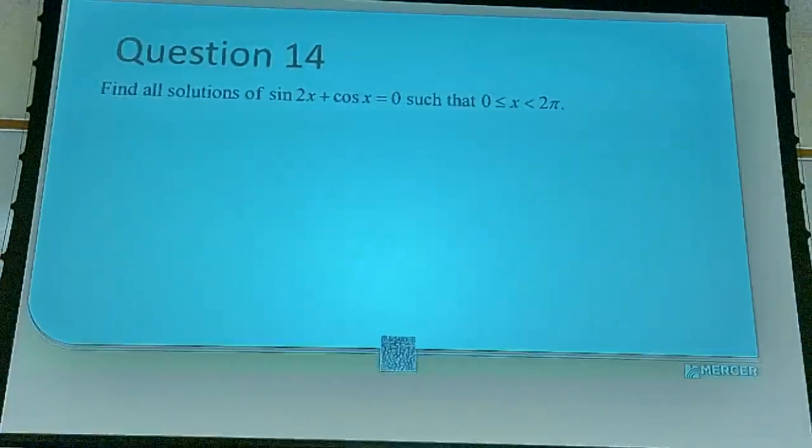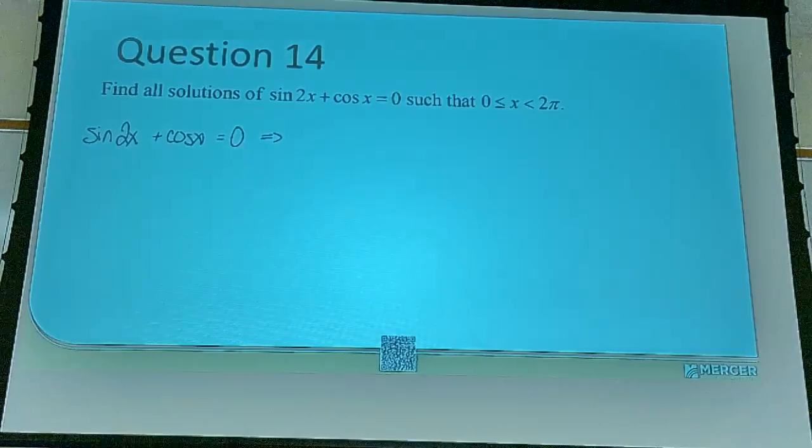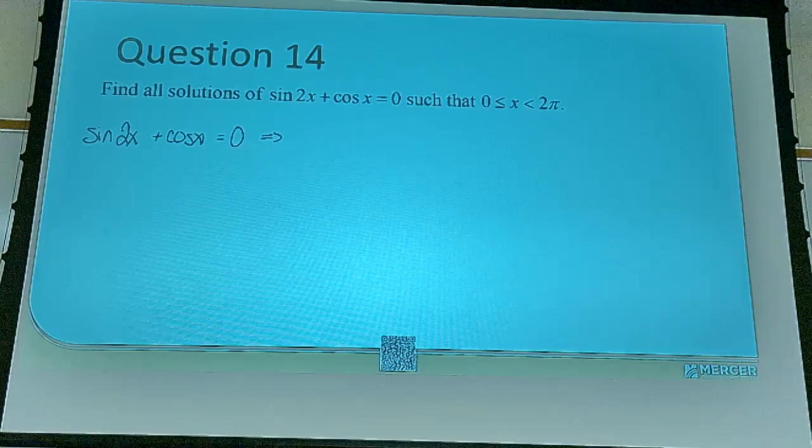But now what about something like this? Well, double angle identity on sine.